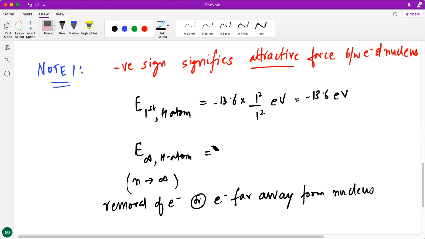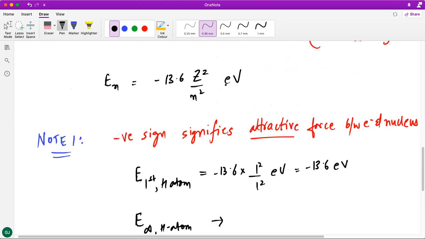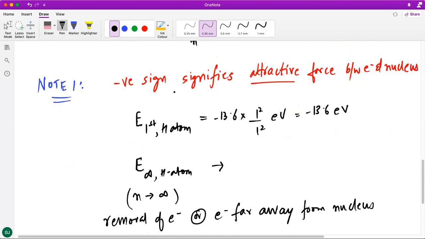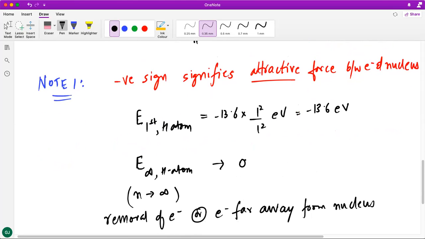Then if n in the denominator tends to infinity, this value will tend to 0. So far, far away from the nucleus, when electron and nucleus are so far that there is hardly any interaction between them, we assign the energy to be 0.